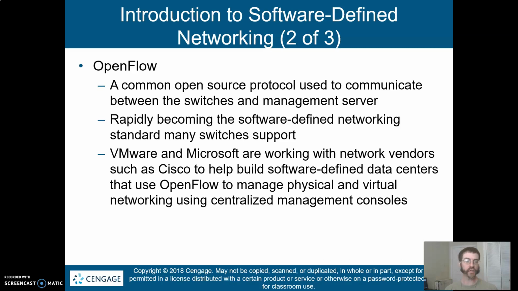And VMware and Microsoft have been working with network vendors like Cisco to build truly software-defined data centers. So the whole kit and caboodle has been virtualized. You take SDN, machine virtualization and storage virtualization, you put it all together, and you have a whole bunch of devices in racks.